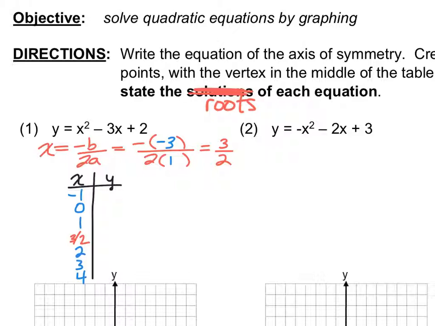So I'll get what I can get from the table, and then we'll have to do something else to get the 3/2. And that something else is not going to be figuring it out by hand because we don't want to do that. Negative 1 gives us a 6. 0 gives us 2. 1 gives us 0. 2 gives us 0. 3 gives us 2, and 4 gives us 6. So just do this real quick before I forget.